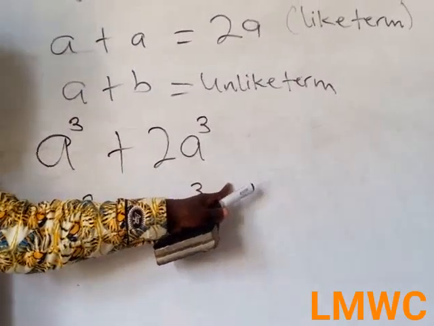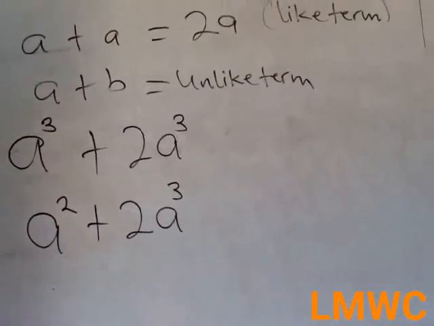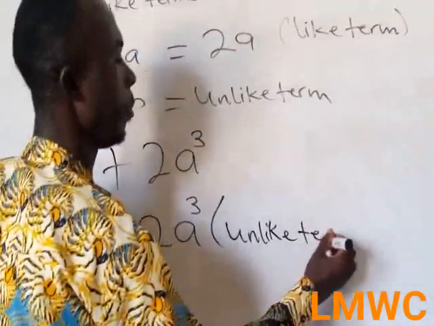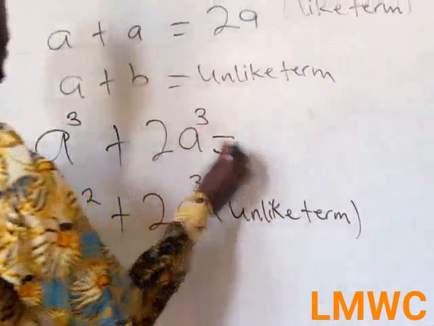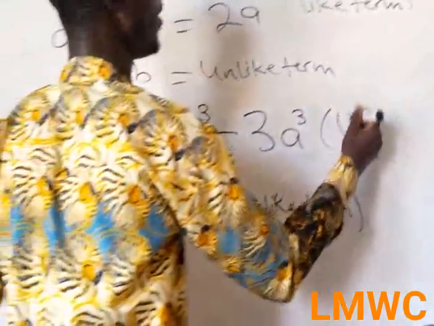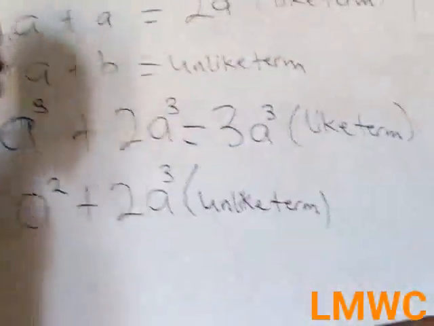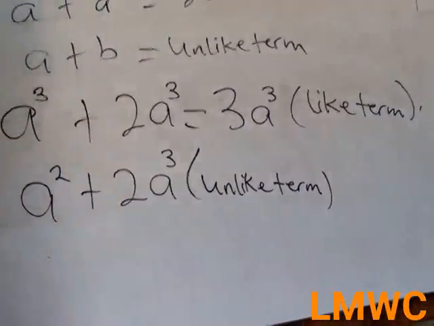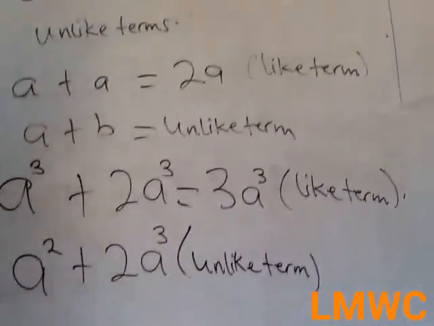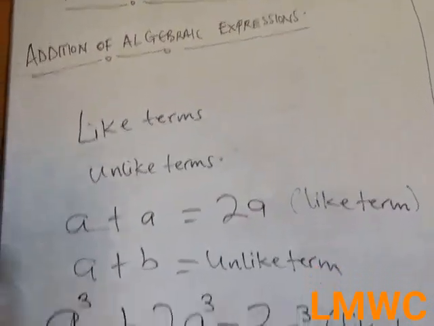They are different, so you can't add it. So this is an unlike term. And this, once you add it, it becomes 3a cube. It makes it a like term. So I believe we all know what a like term is, and that would make addition of algebraic expressions very simple.